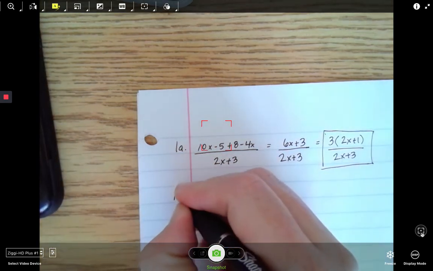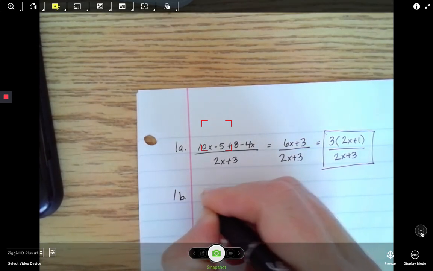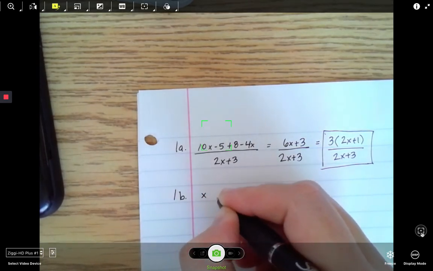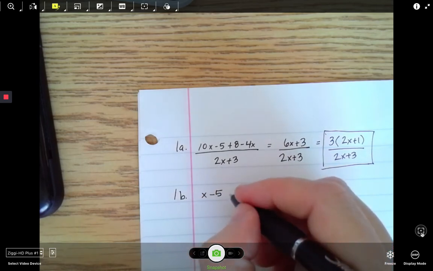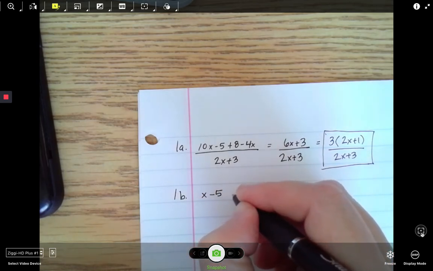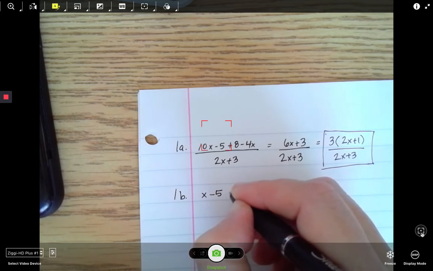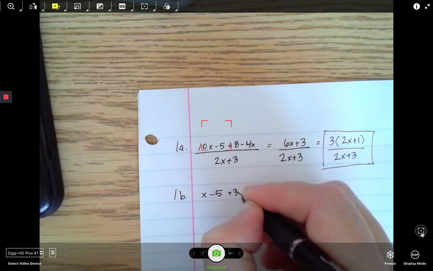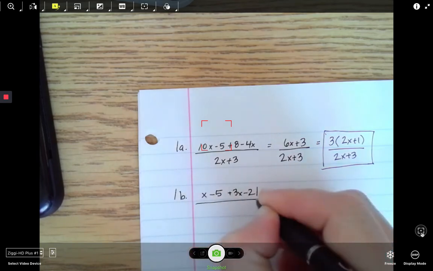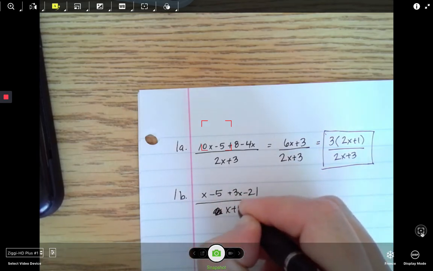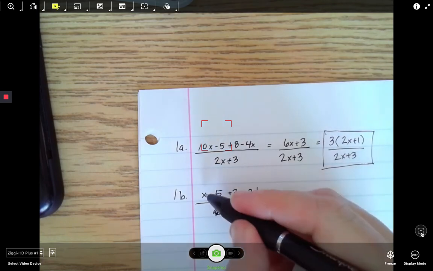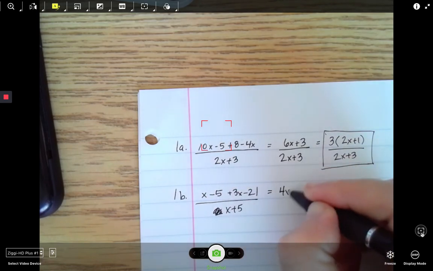All right, 1B, x minus 5. They already have like denominators, correct? So x minus 5 plus 3x minus 21 over x plus 5. 1x plus 3x is 4x.